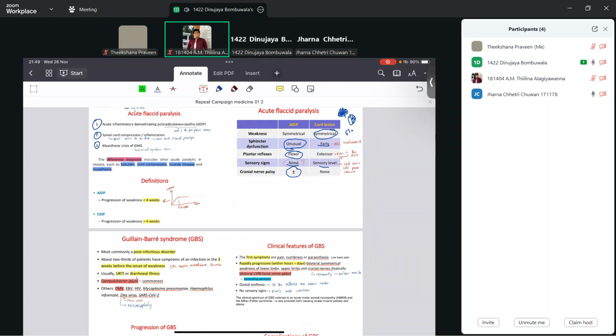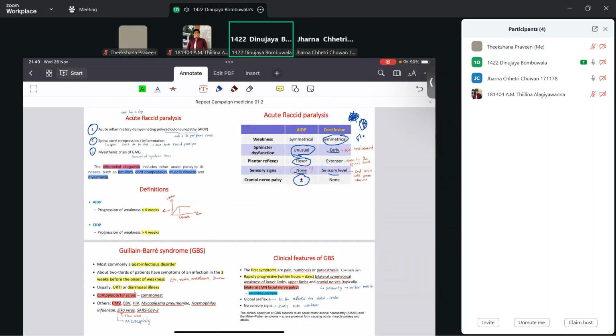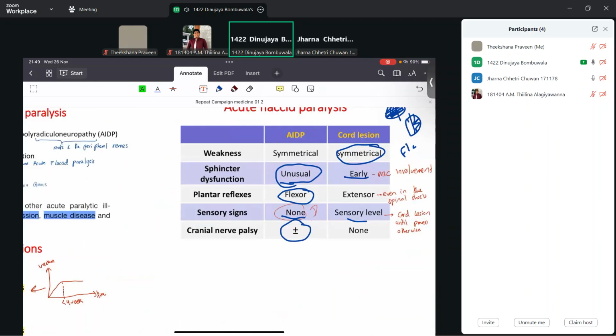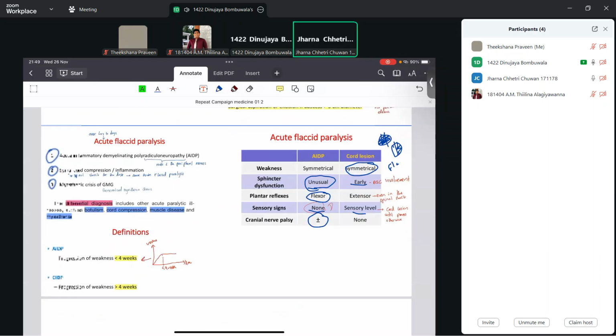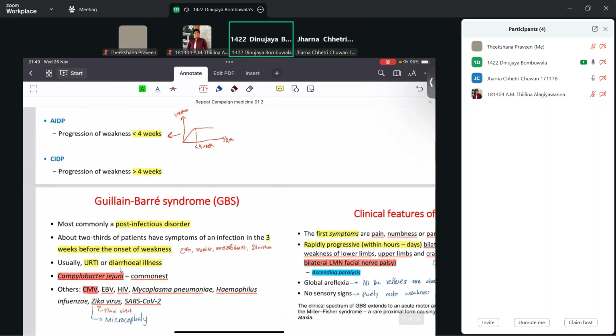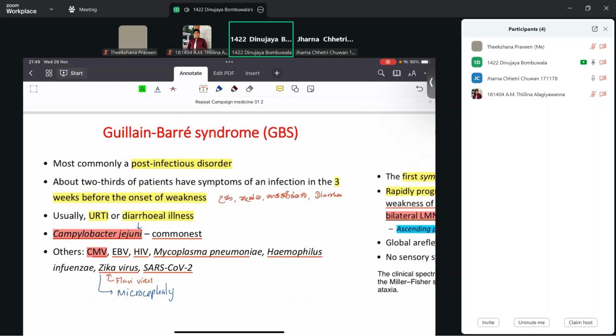Yeah, I understood. I went into much detail because we need these things for the long cases as well. So GBS, we know that this is a post-infection disorder, similar to post-infectious encephalitis. It is the similar pathophysiology, with cross-reaction of antibodies formed against the infective agent cross-reacting with the myelin sheath cells.